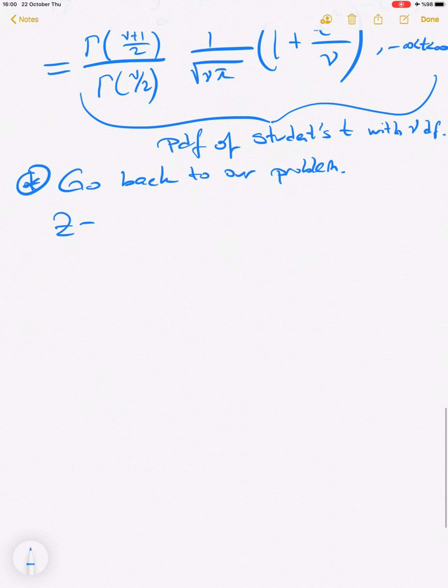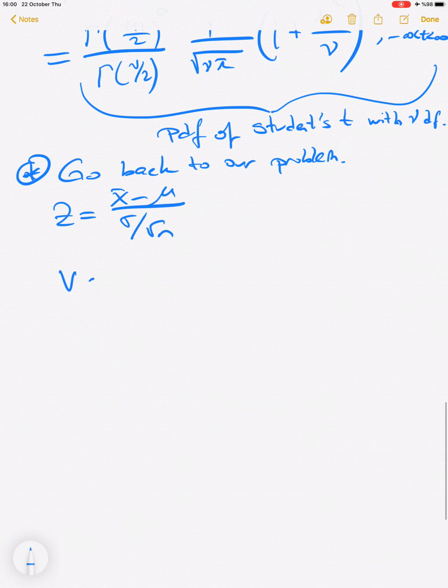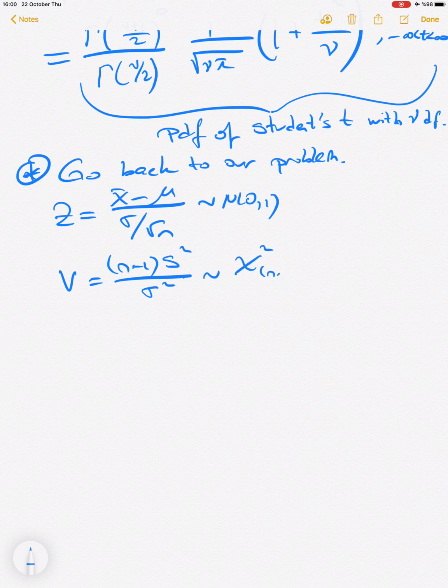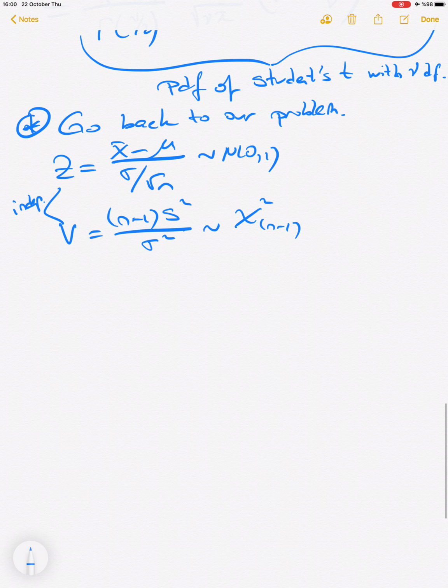So we have z equals x bar minus mu divided by sigma over square root of n, and v equals n minus 1 times s squared over sigma squared. We know that this is standard normal distributed, and this is chi-square distributed with n minus 1 degrees of freedom. We already proved that, and we know that these two are independent. Then let's say we have t, which is z over the square root of v over degrees of freedom.